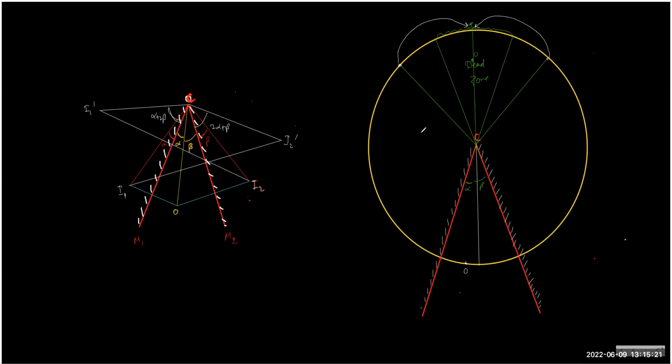Okay. So here the angle will follow a very nice pattern. You can just calculate. Let's make it theta and theta. So the first image will be theta away, then next will be 3 theta away, I think, right? The next will be how much?